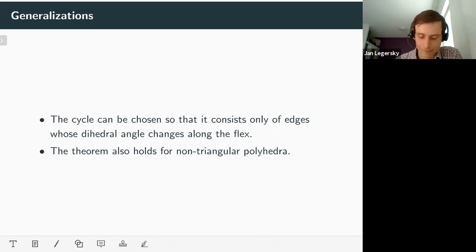But here we lose the property that the cycle would be induced. And having this generalization, we can also prove an analogous statement for non-triangular polyhedra. So we need some assumption that the polyhedron is such that we can triangulate it in a way that we don't introduce any new vertex and all the triangles are non-degenerate.